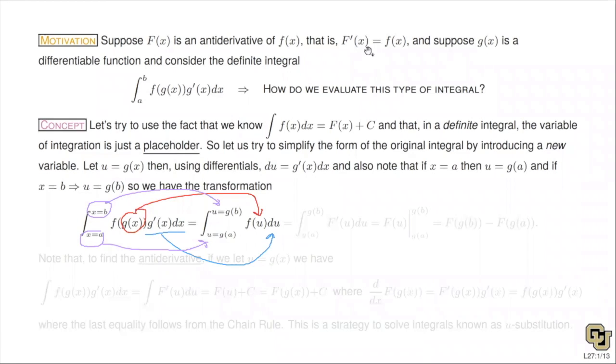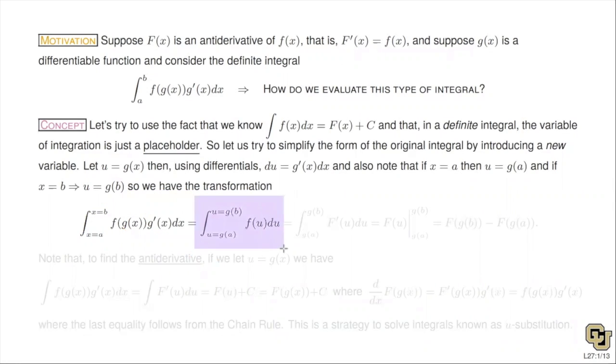That's a transformed integral. And the whole reason we've transformed the integral is because we hope it's easier to evaluate. In this case, we're assuming that we know the antiderivative. So I'm going to use the fact that the antiderivative of little f is capital F. And so this integral now becomes the integral from g of a to g of b, capital F prime of u du.